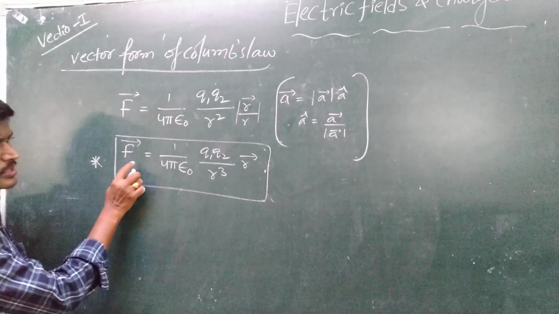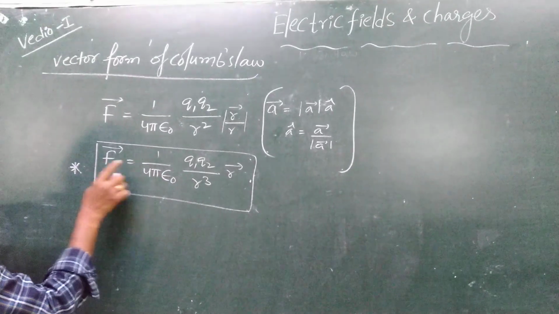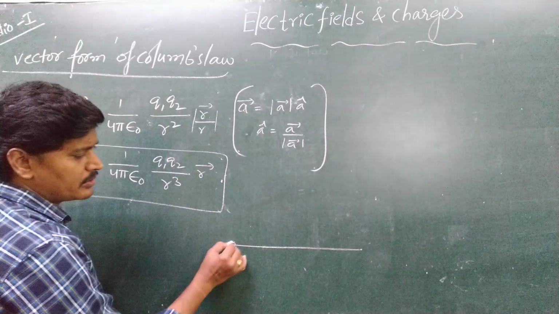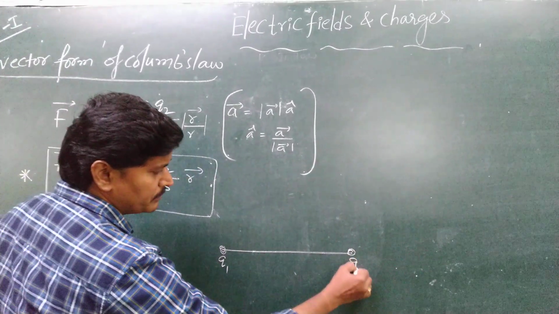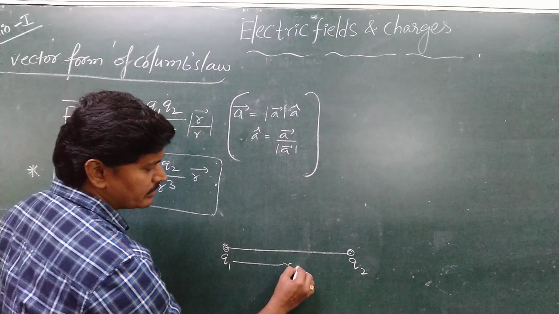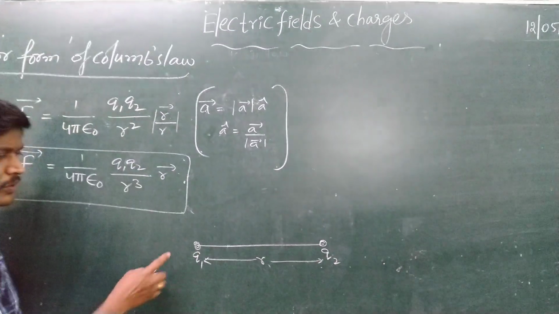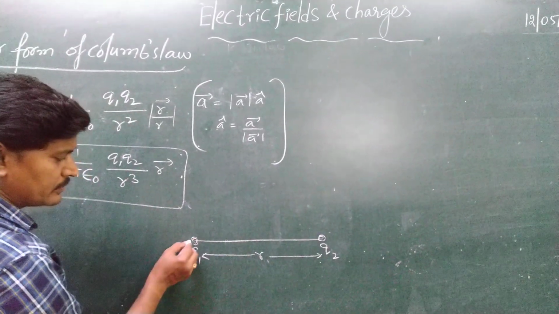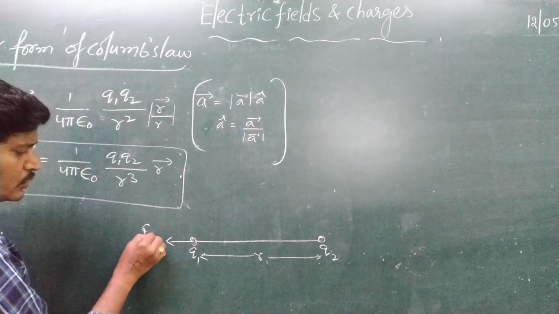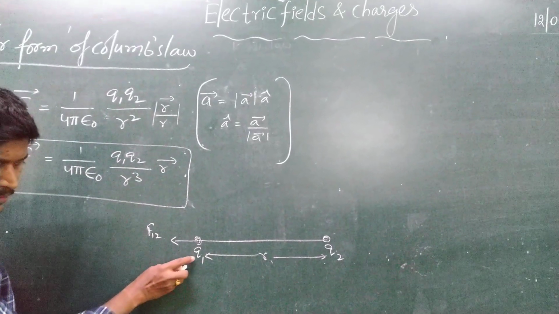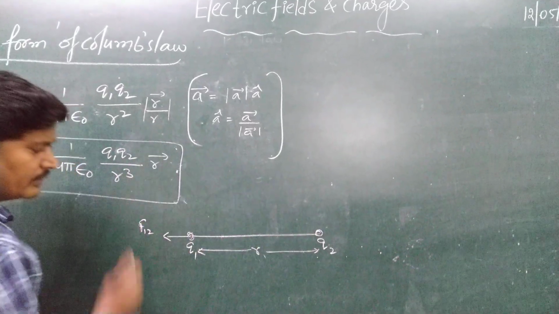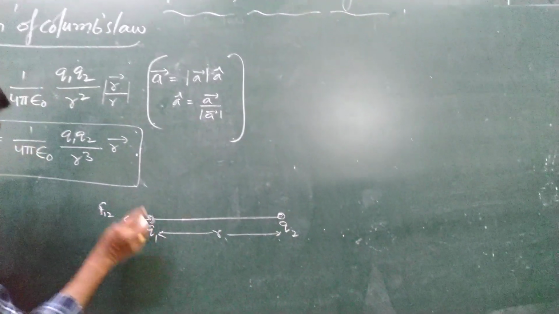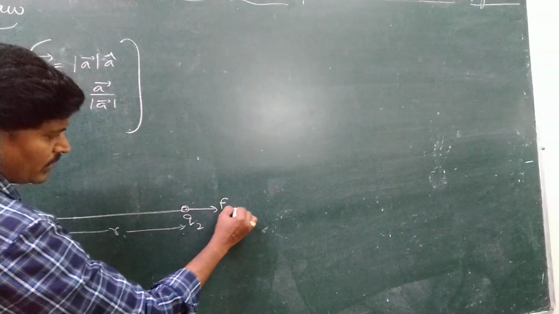Actually, this is the electrostatic force formula between two charges in vector notation. For example, we can consider two charges q1 and q2 separated by a distance r. The force experienced by the first charge due to the second one is F12. The force experienced by the second charge due to the first is F21.